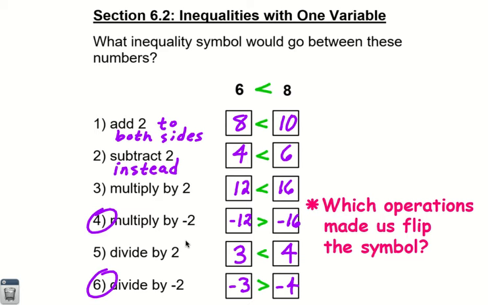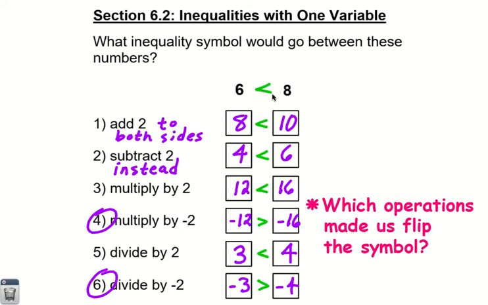It's just the way less than and greater than and numbers being greater than or less than each other works. If you multiply or divide two numbers like this by negative numbers, then you're going to have to flip. And it's not just a less than becoming a greater than. If we turn this around and it was a greater than, we'd have to flip it to a less than.